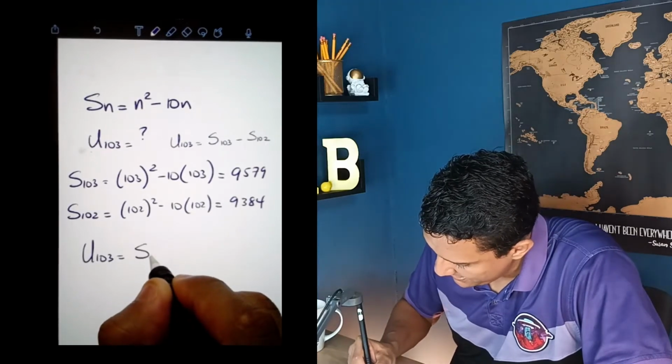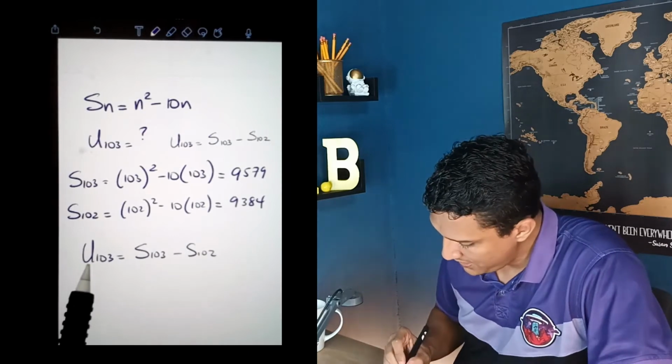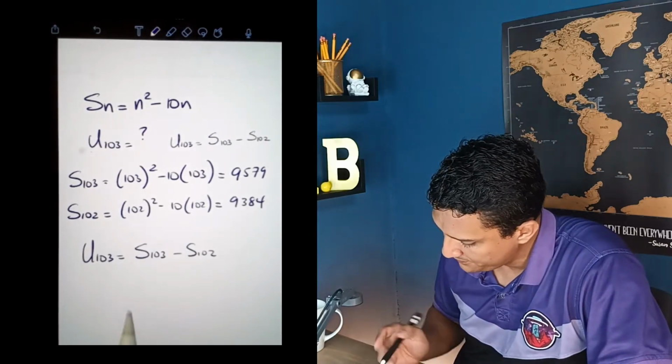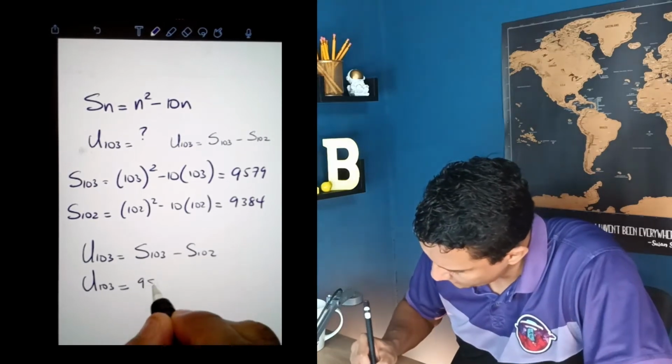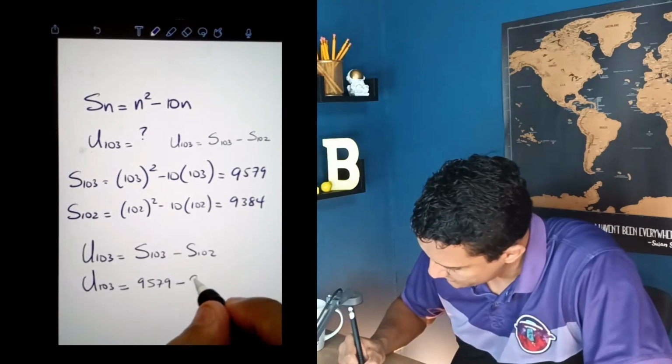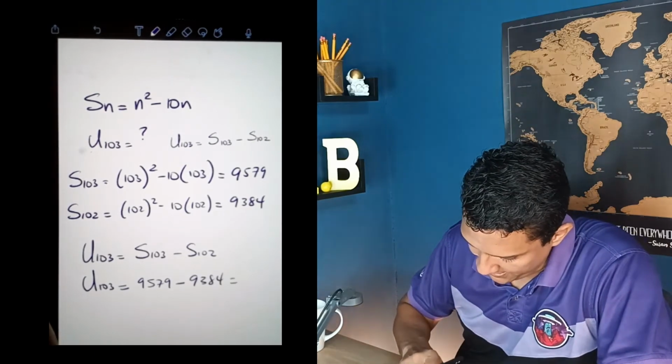Remember that S103 minus S102 is going to be u103. So 9,579 minus 9,384. Let's subtract that.